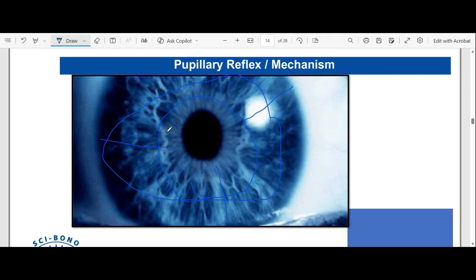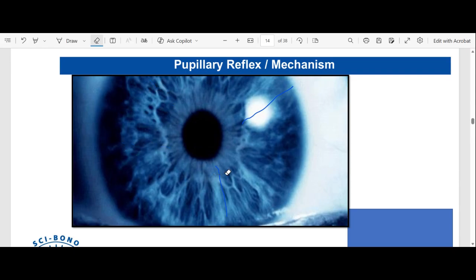So remember, we are only focusing on the iris when we speak about the pupillary mechanism.